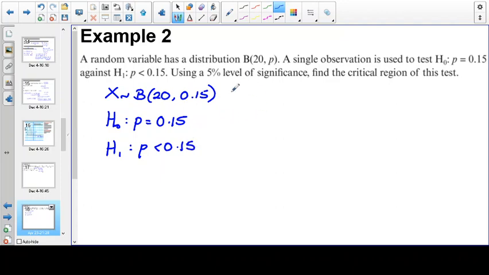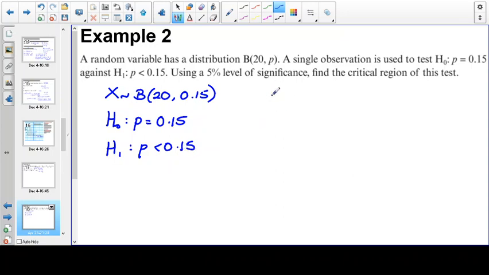Okay, to put this in a context, this might also be a game. The chances of winning might be 0.15, and you might play the game 20 times. Someone might think that the game is not fair and actually the chance of winning is less than 0.15.